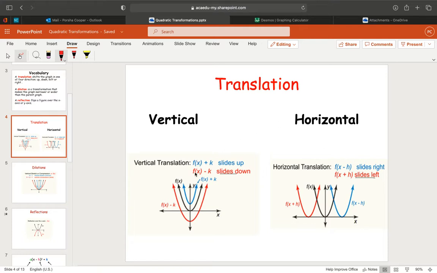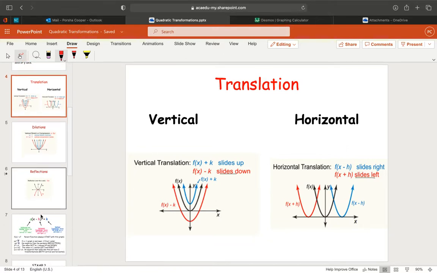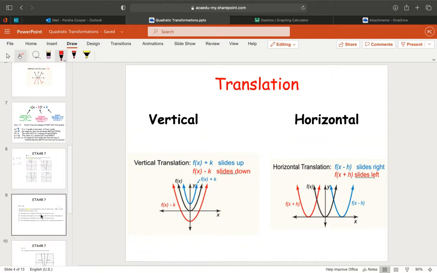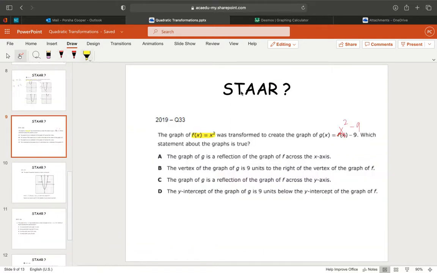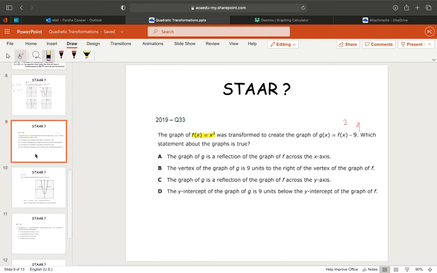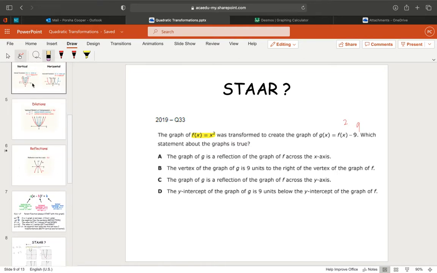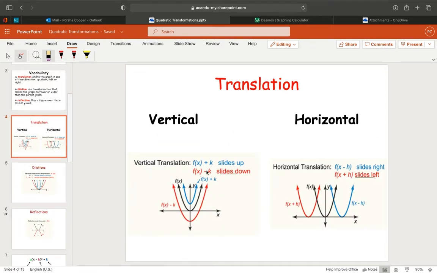And so we have our function f of x plus k or minus k, and this looks a lot like a vertical transformation, because as you can see here, we have our function f of x and then we are subtracting. All right, and so that is going to be, again, a transformation where we are going to slide down. So f of x minus 9 means that we're going to slide down 9 units.